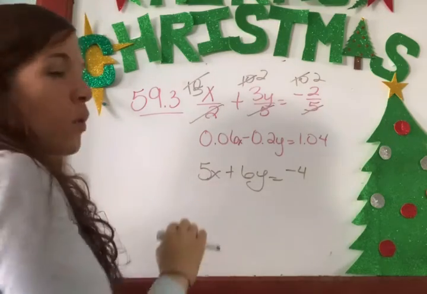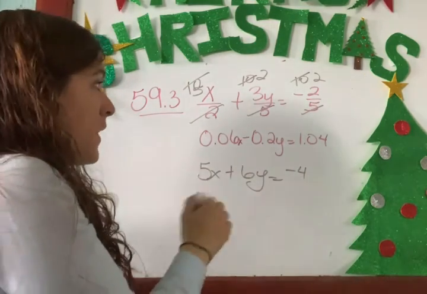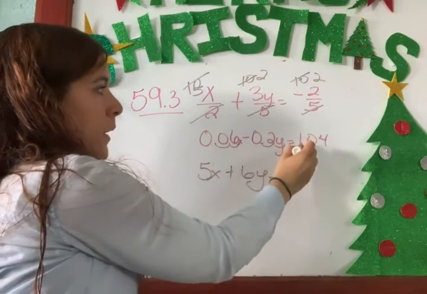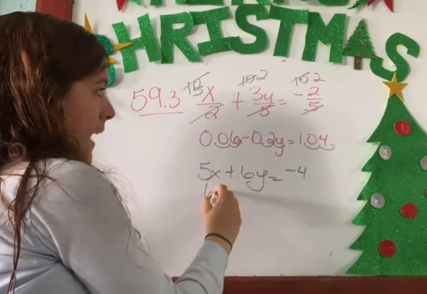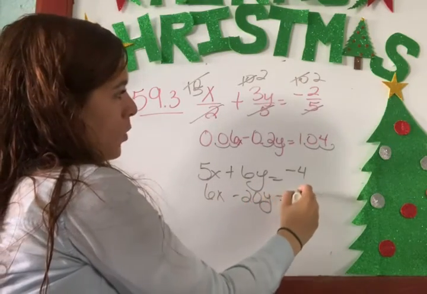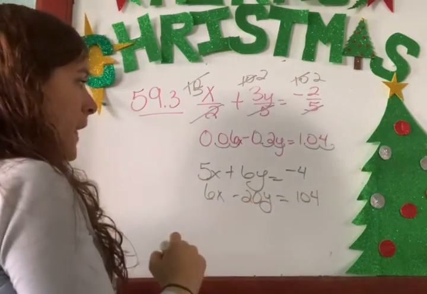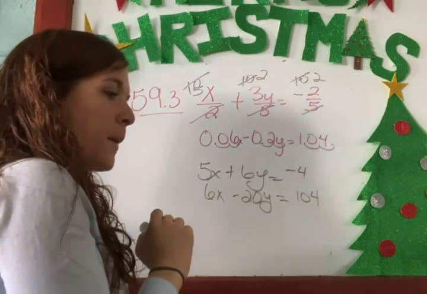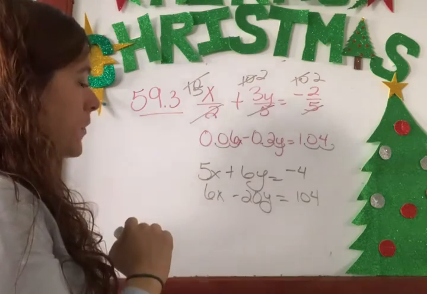Okay, that's my whole number format for that one. Then for this one, I'm going to move the decimal place 2 times. 1, 2, 1, 2, 1, 2. So it's going to be 6x minus 20y equals 104. And then I can solve for my x and for my y.